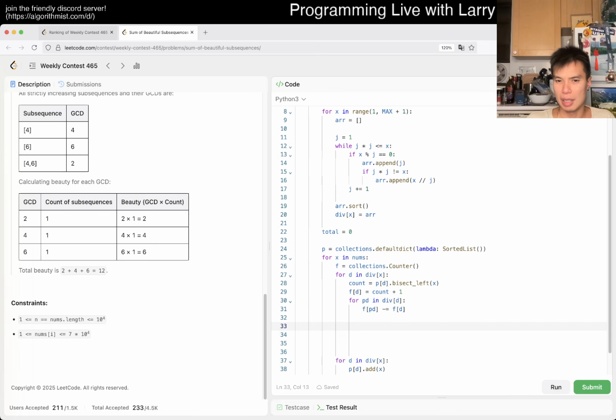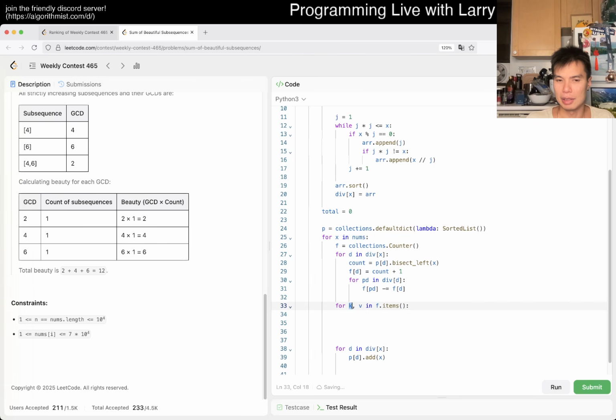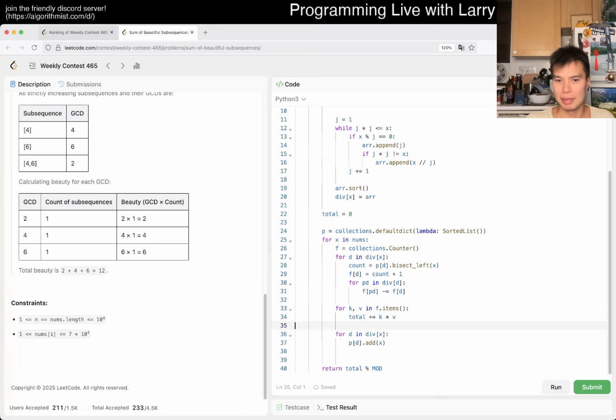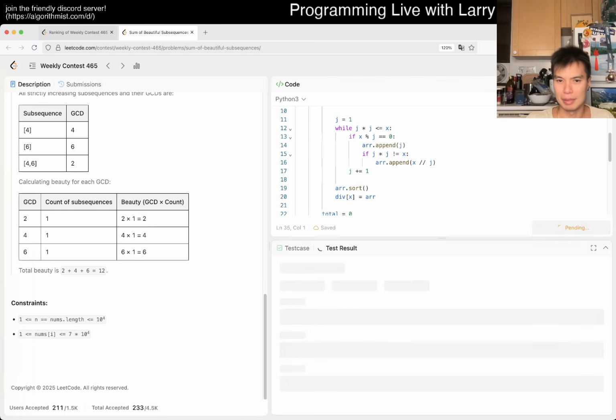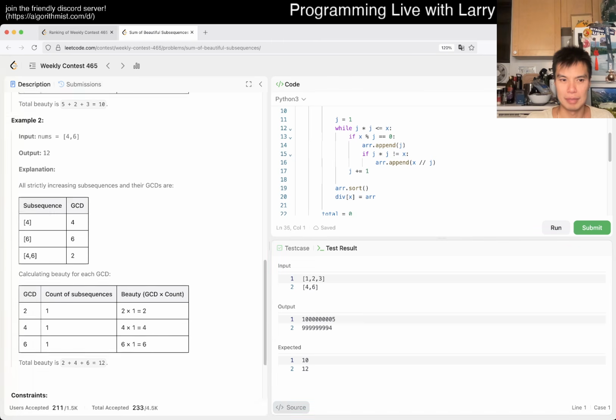So then now, for key, value in f.items, the key is the GCD, right? And then it's just this. I know that I'm too lazy to mod it.